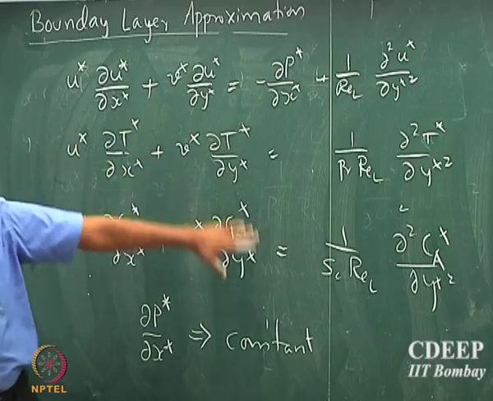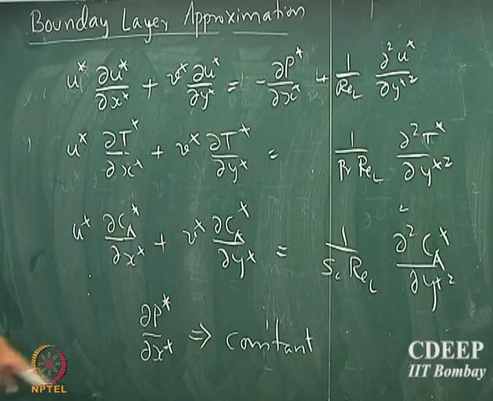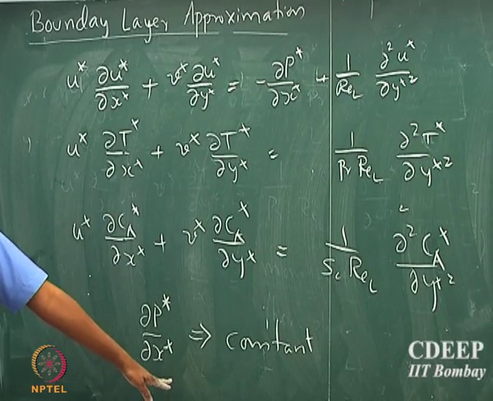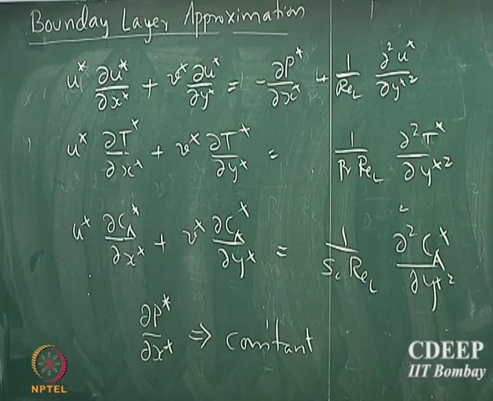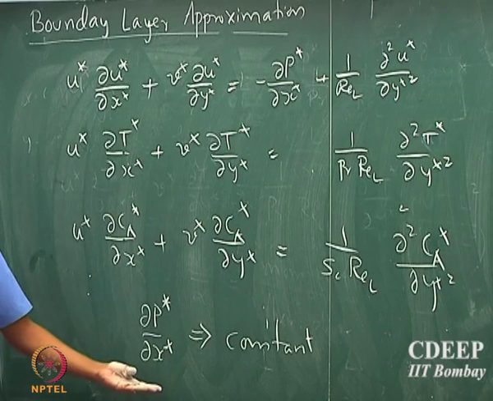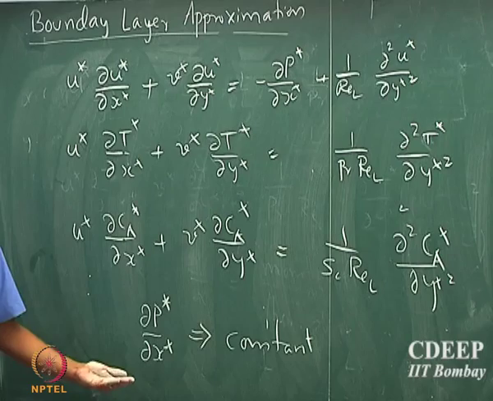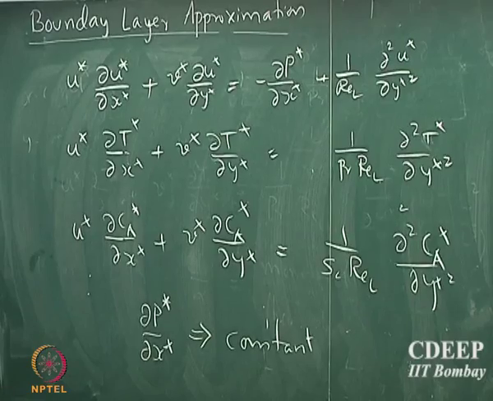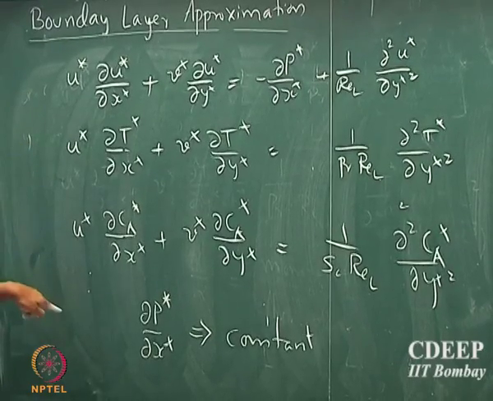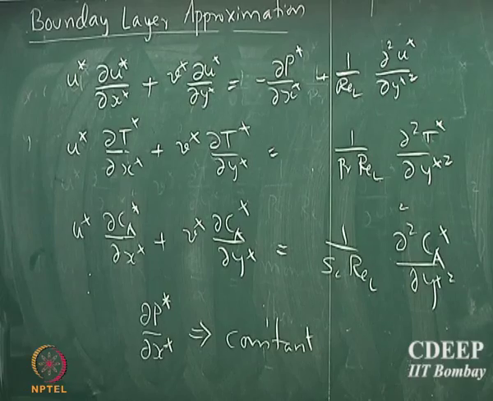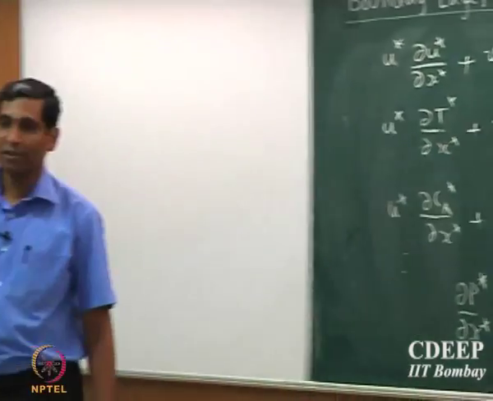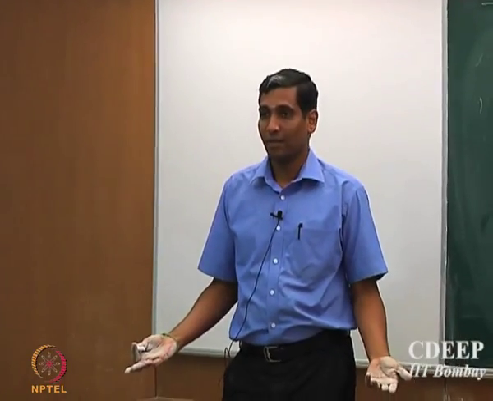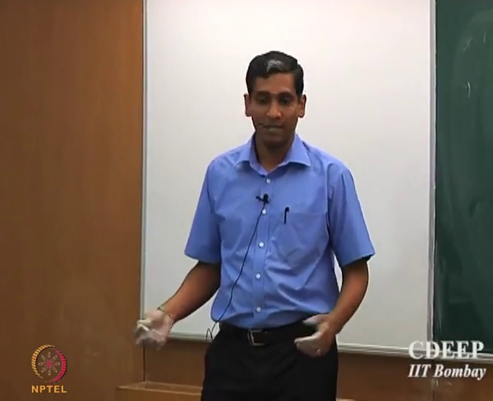Then these three equations are similar modulo a constant which is dp by dx. It's fair to assume in reality that the pressure gradient is known because I have a pump which is flowing the fluid. So it's a measurable property. If I know what the pressure gradient is, I am done. So these three equations are very similar, which means that if I know the solution of one of them, I should be able to guess the solution of the other two, because they are structurally similar.